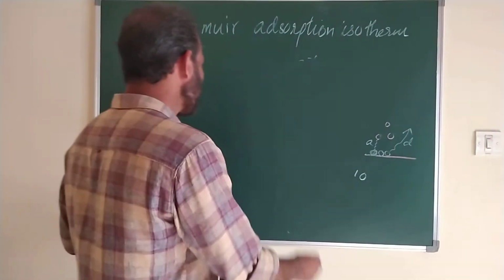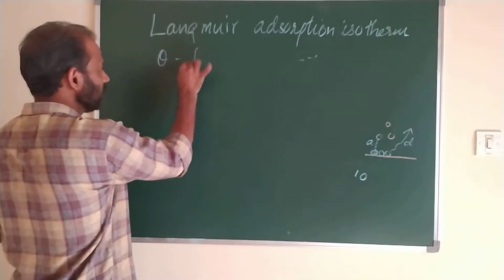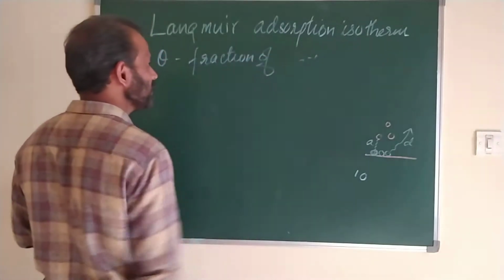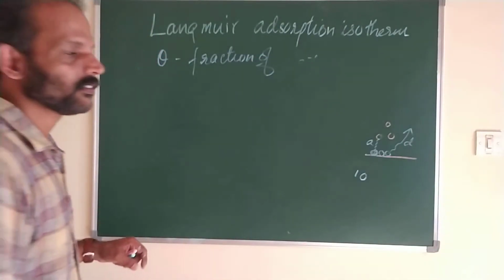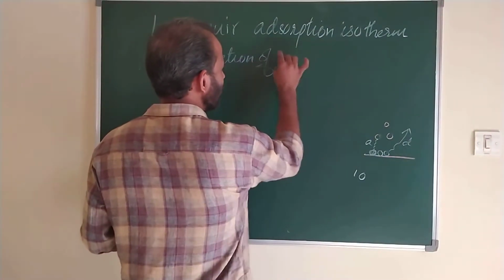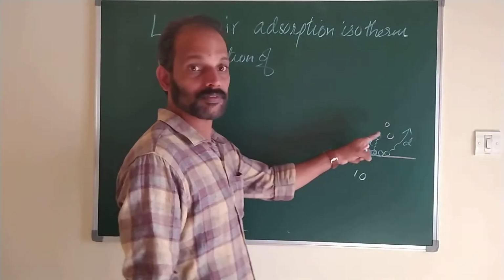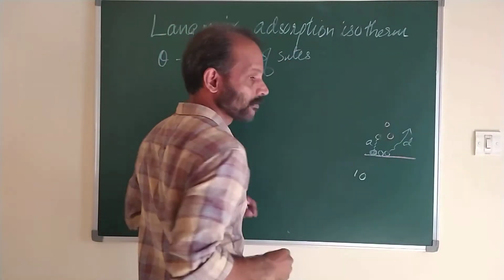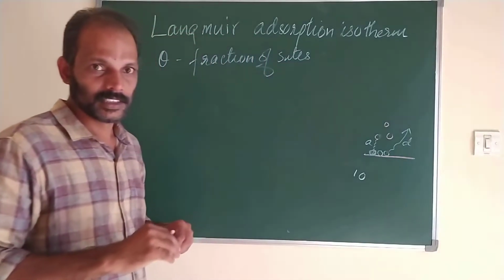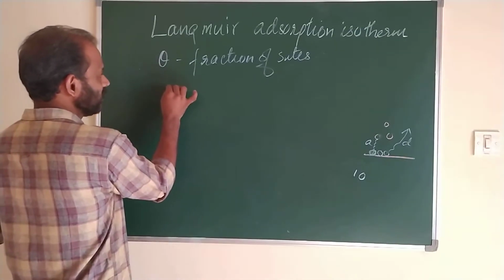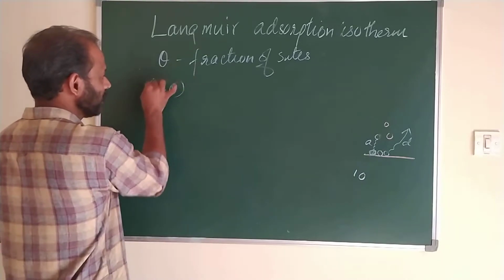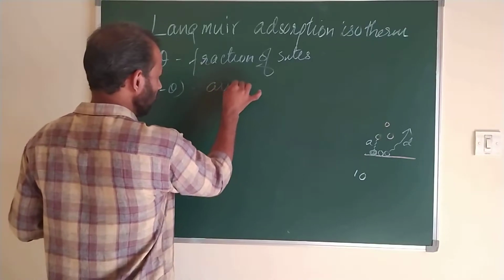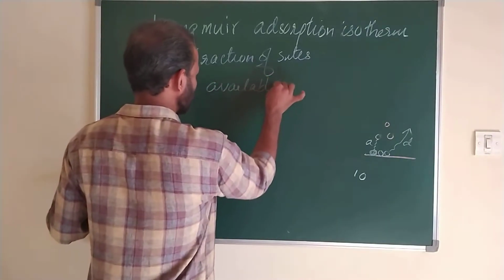Right? So suppose theta is the fraction of molecules adsorbed, or the fraction of sites adsorbed. Then obviously 1 minus theta is the available vacant site.